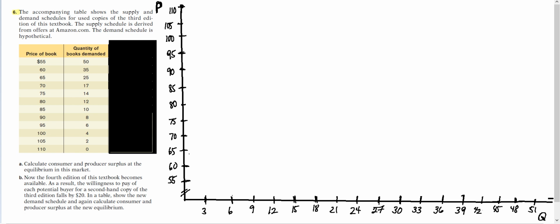I'm going to do this the way that we've been doing it with this rectangle method, and then I'm going to show you how this relates to our demand curve. So I have the quantity demanded being 2 for the price of 105. I'll now have the quantity demanded at 4 for the price of 100.